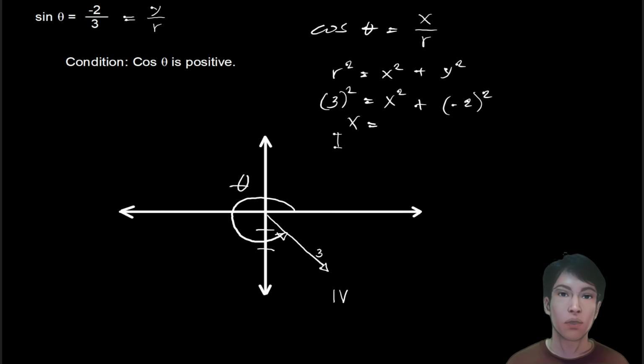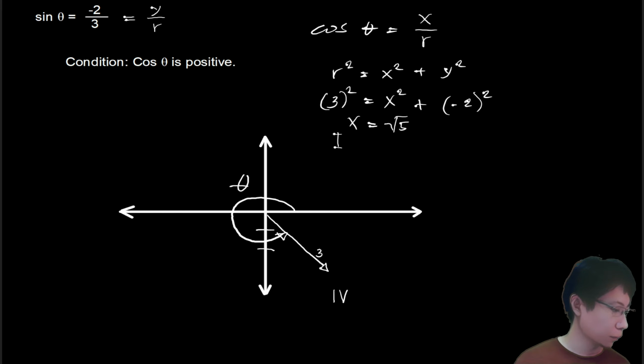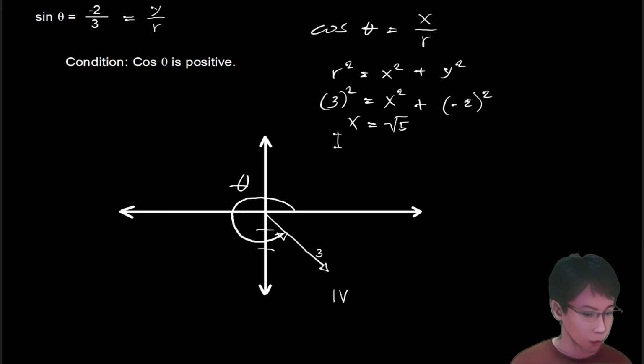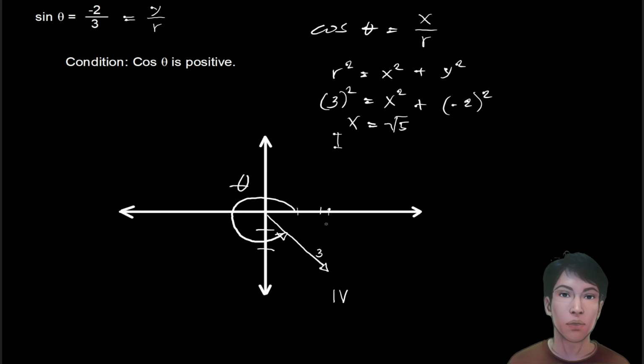And x is square root of 5, approximately 2.23. So I got the correct length for the radius, 3. So x is square root of 5. So what is now this angle?